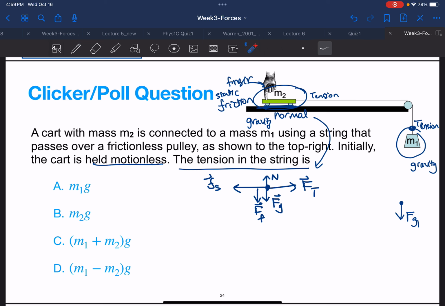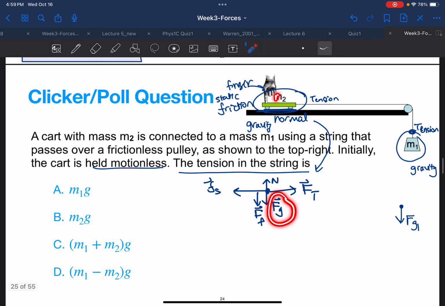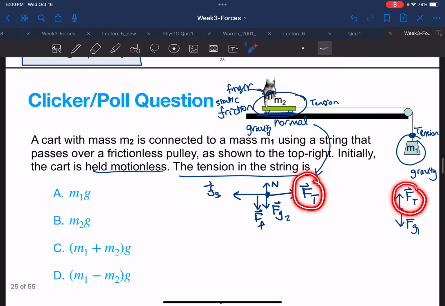And also I should have given the other force of gravity a subscript for M2, meaning Fg2, so I can keep track of the values. And then I have force of tension going upward. Notice that I've used the same label for both tension forces because they are equal. The tension is constant throughout this continuous rope that's riding over a frictionless pulley.